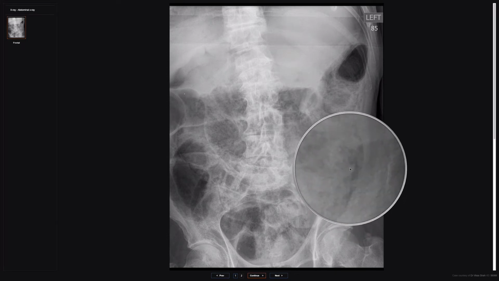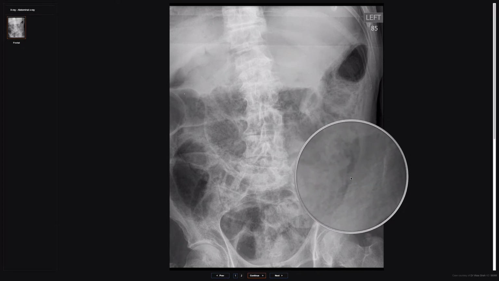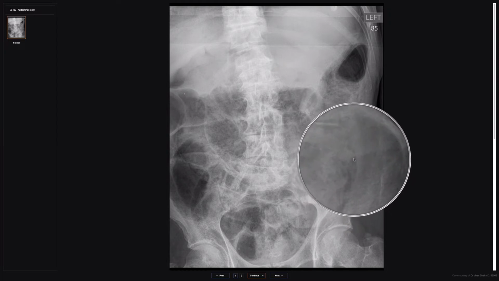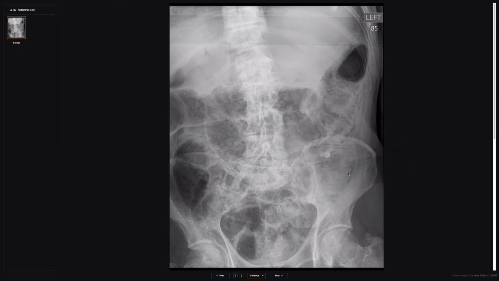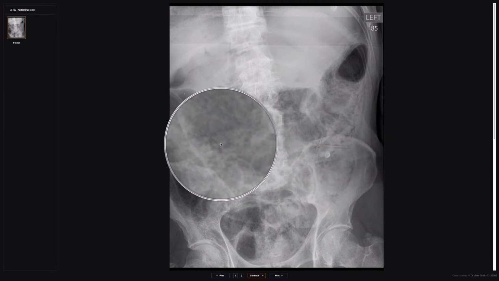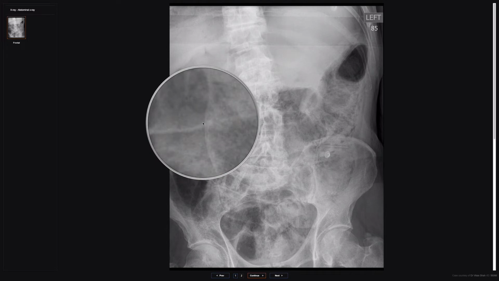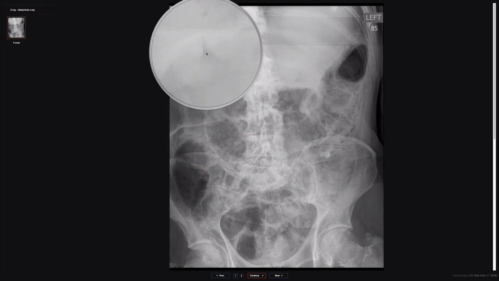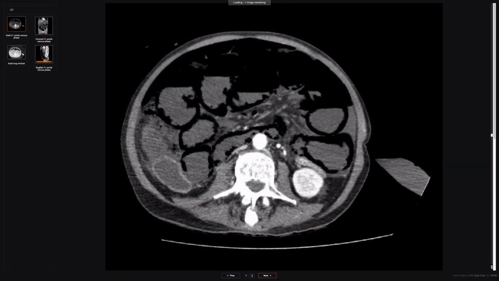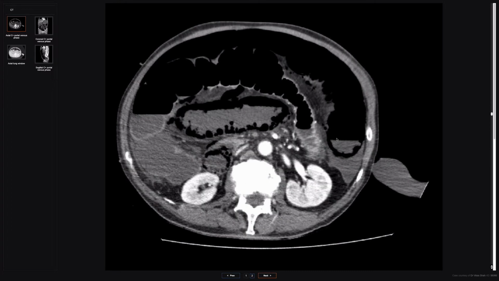And then if you look down here, you can appreciate there's actually gas in the wall, in the very edge of the bowel itself. So this is pneumatosis. There are also signs of pneumoperitoneum here indicating perforation. So I think that there is a kind of vague wriggler sign here. And then that triangle we talked about, the telltale triangle sign, there's a little triangle here in the right upper quadrant.